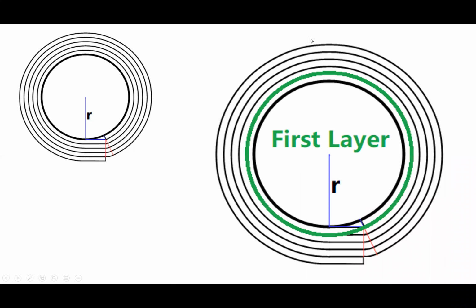I drew a front view or top view of the toilet paper, and let's look at each layer. Remember, the thick black is not your toilet paper, that's just a rag. The first green layer is our first layer. The inner radius is r and the thickness is T. The total length for the first layer, which is the perimeter of that green circle, is 2π(r + T), the circumference of the circle.